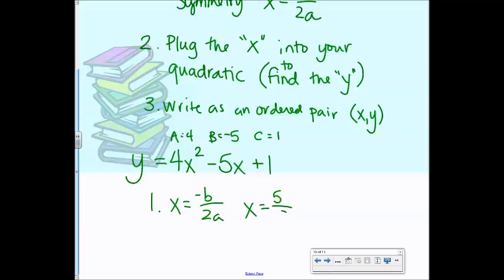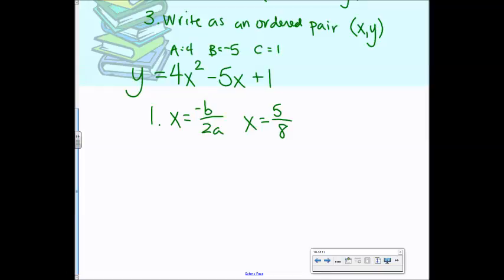All right, then what would I do with that to find the y value? Yeah, just plug it in. So I'm going to plug that into this equation. So y equals 4 times 5 over 8 squared minus 5 times 5 over 8 plus 1.